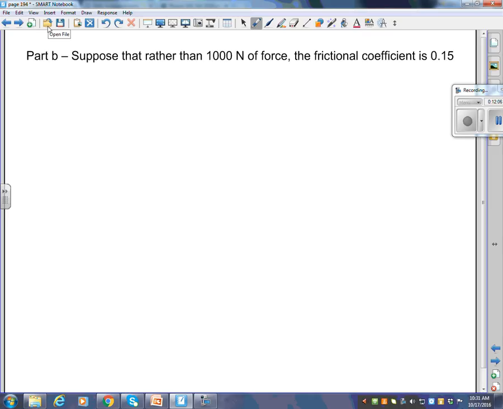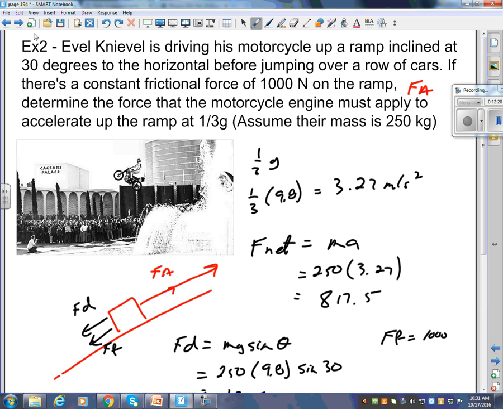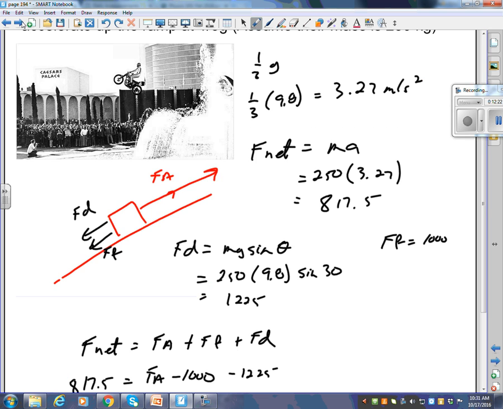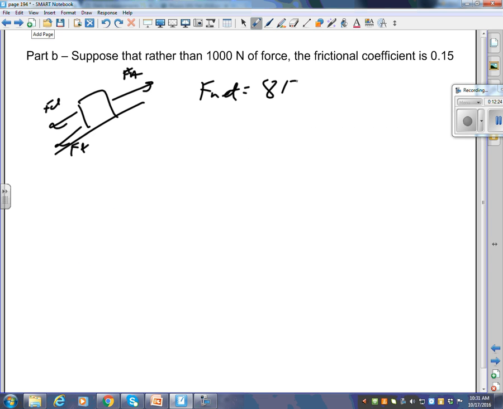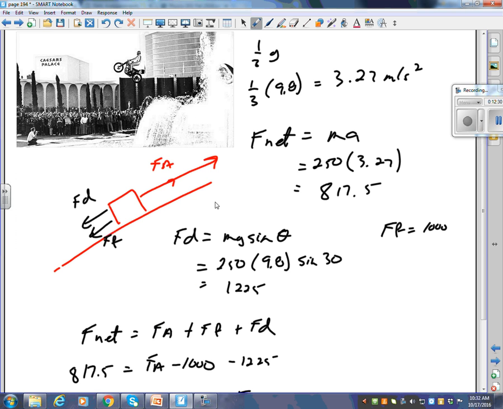Right? So I'm just going to redraw this here. FD and FF and FA, right? So we know our net force is still that number. The net force has to be this 817.5. We know our FD remains 1225.